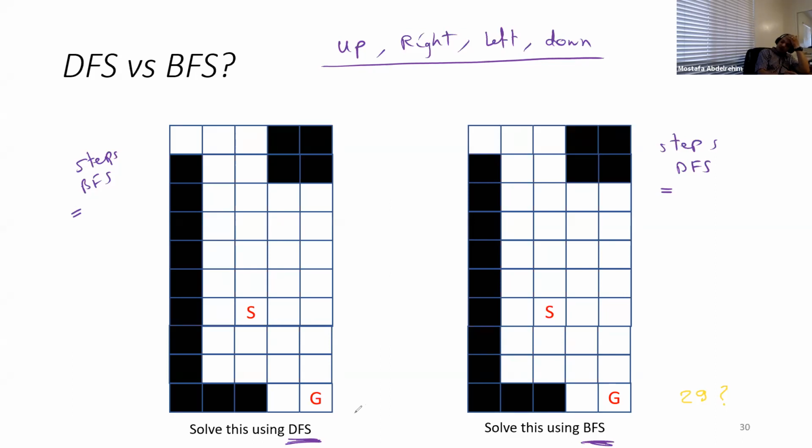Got here 33. Anybody still working, or you guys have finished? No. It's not 5 steps. There's something in the 30s.